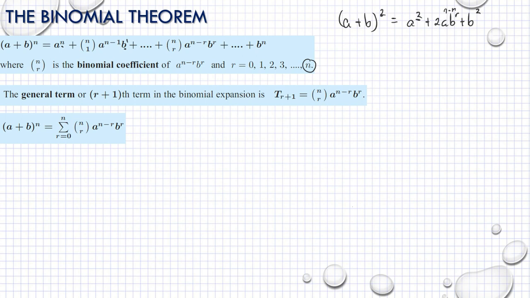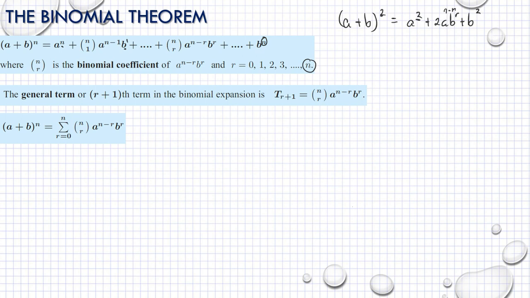So if you have n here now, or r also, as you can see. The general term, or r plus 1 term, of the binomial expansion, t sub r plus 1, is equal to n taken r, a raised to n minus r, b raised to r.